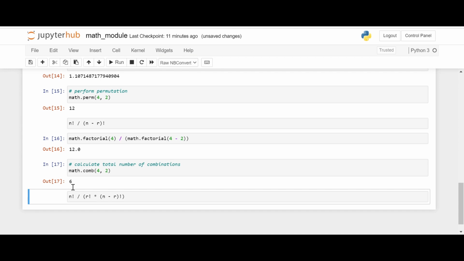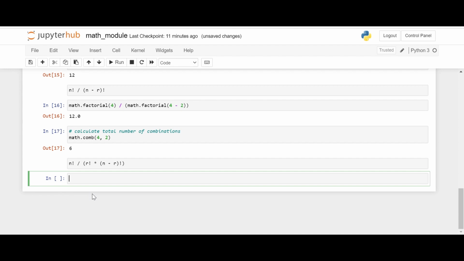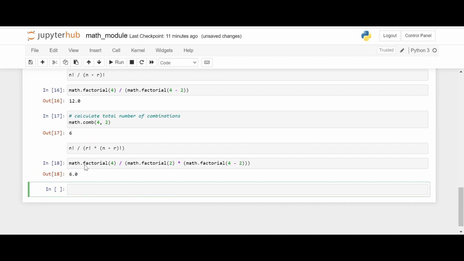Let's convert this one. So dot factorial, this is n factorial, dot factorial, this is r factorial, so r is 2, this is n, this is r, multiplied by dot factorial n minus r, so 6. So this is what this function is doing.